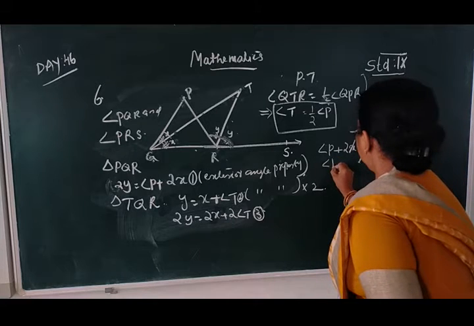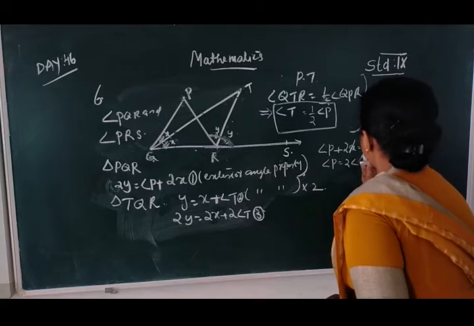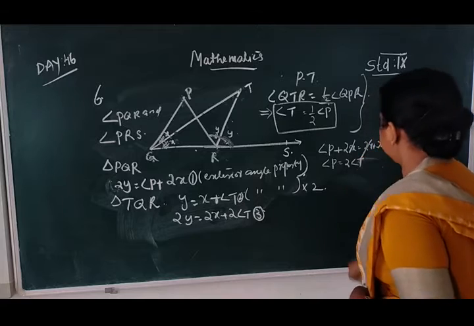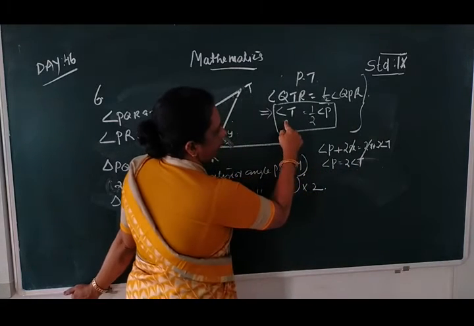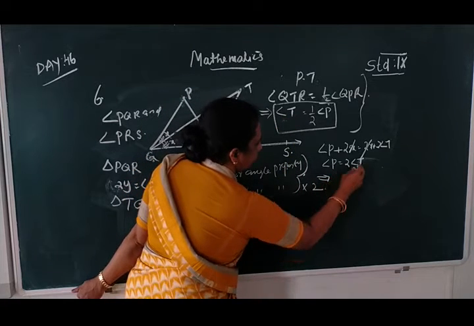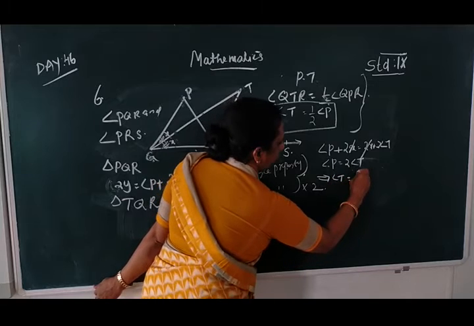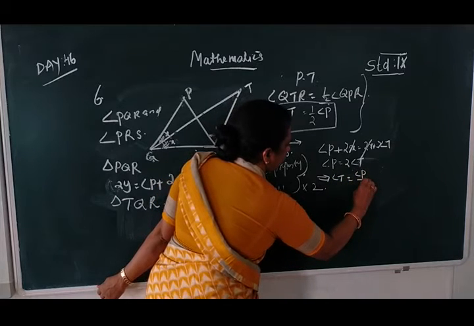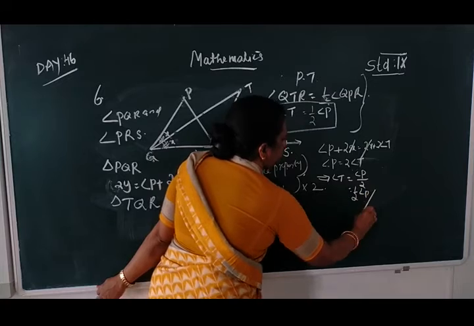So, angle P is equal to 2 angle T. Here we want to prove that angle T is equal to half of angle P. Which implies angle T is equal to angle P by 2, since 2 taken to the left hand side becomes the denominator. That is 1 by 2 angle P.